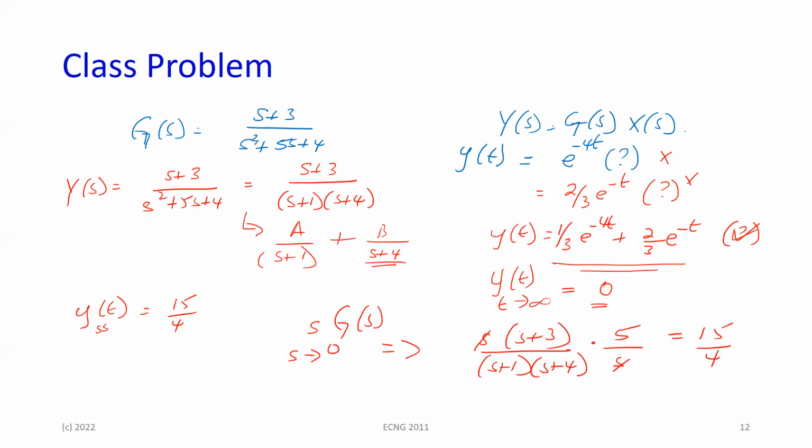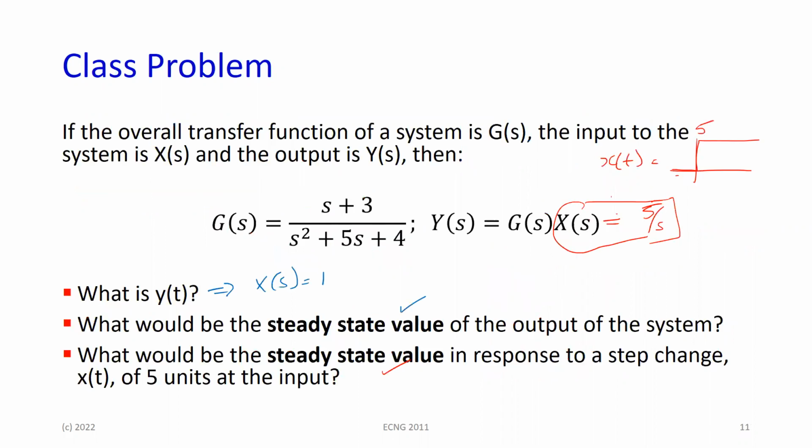Yes, sir. If I had asked you to do it the long way, what would have been the approach? If instead of doing it the final value theorem way, what would you have had to do here?